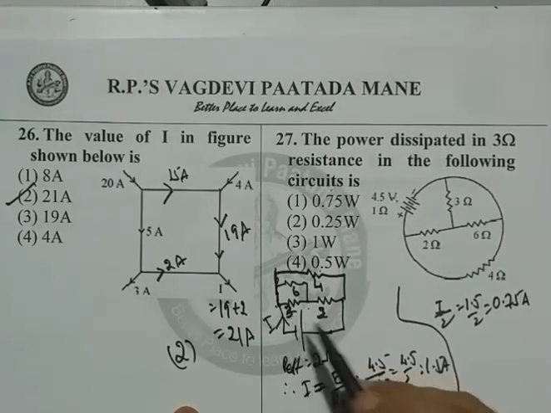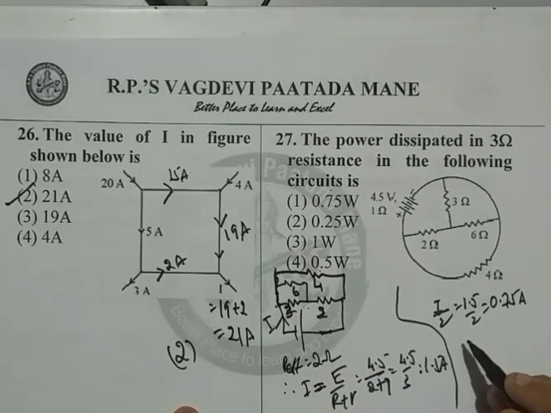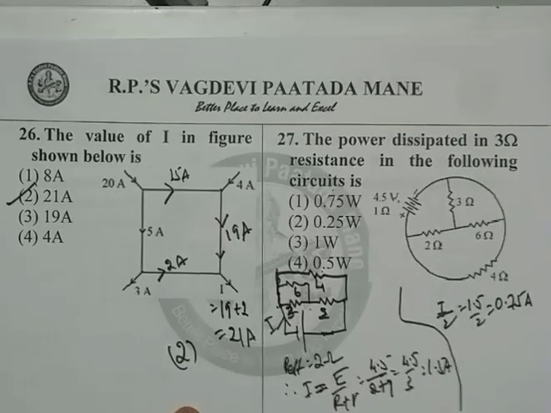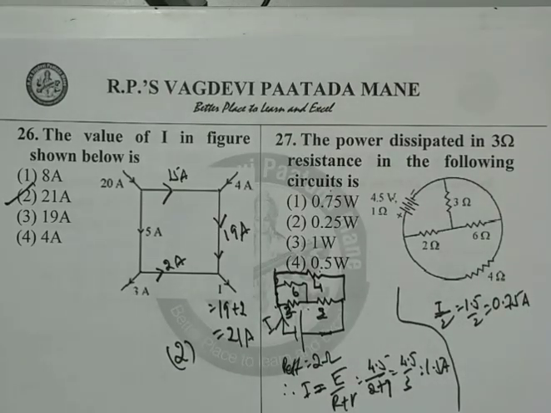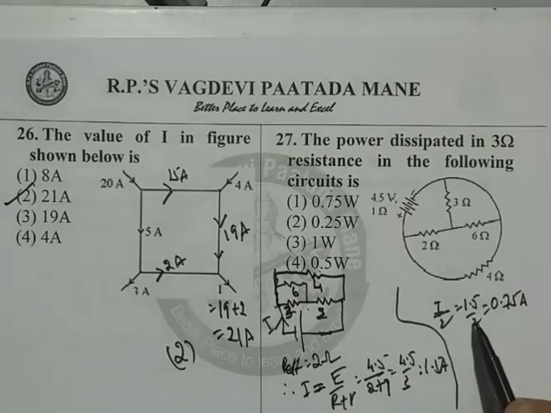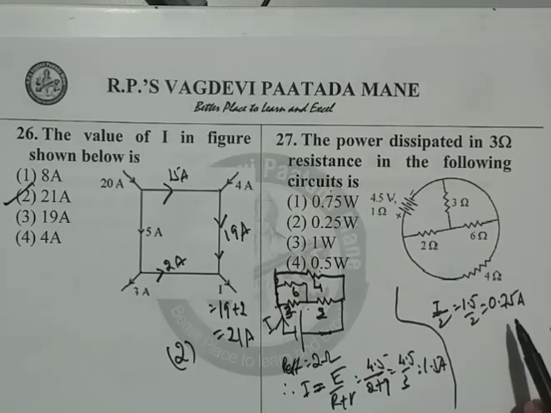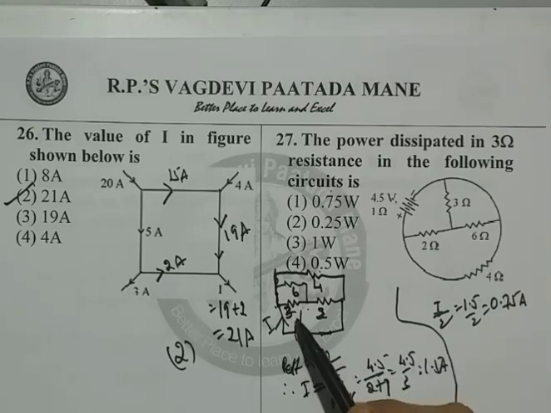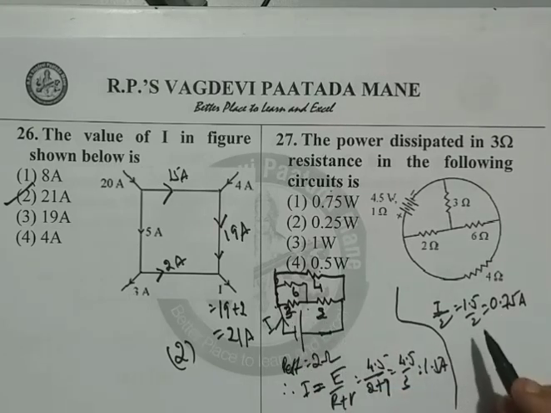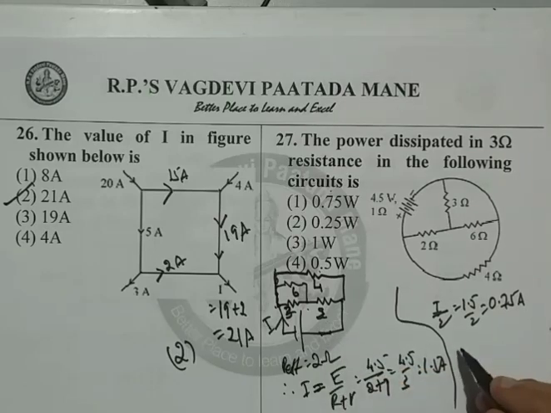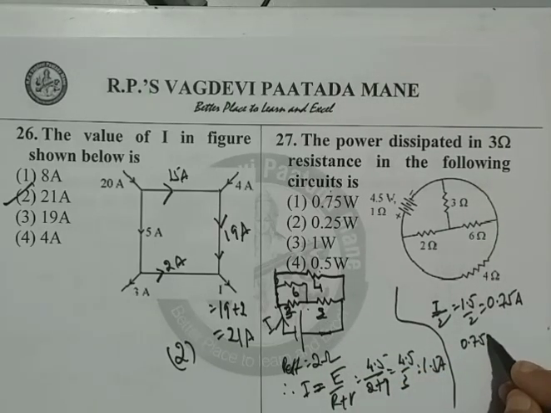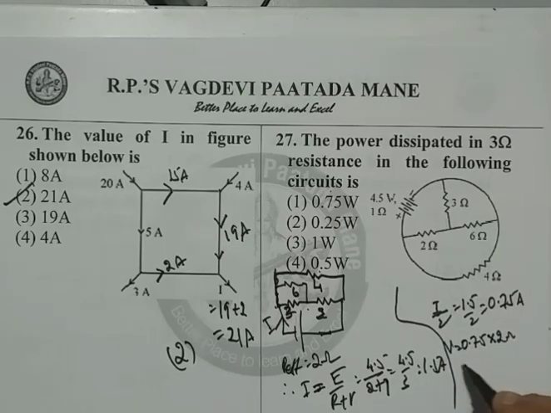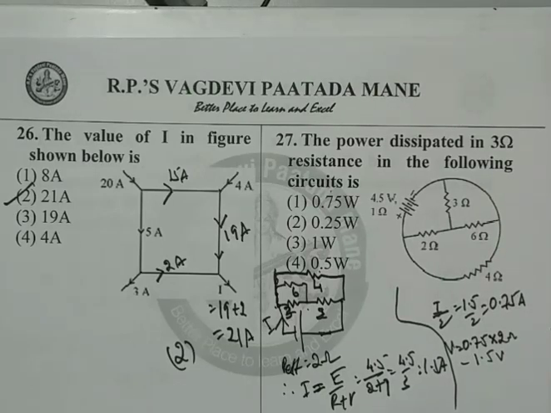Now, as 6 and 3 in parallel is 2 ohms, the potential difference across the 6 and 3 parallel combination is 0.75 into 2 ohms, which is 1.5 volts.